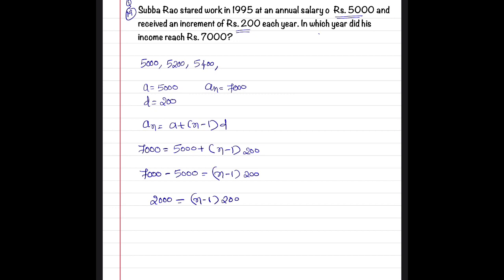I will take this 200 to the left hand side. So 2,000 divided by 200, the zeros cancel each other. So the answer is 10, equals n minus 1.